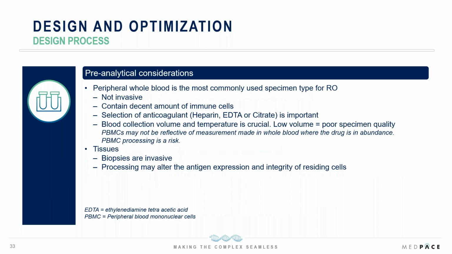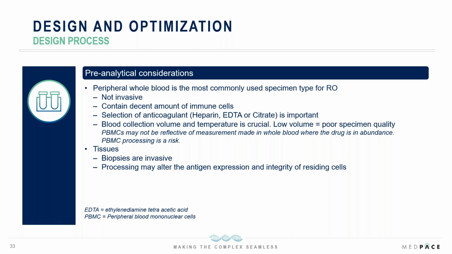So, pre-analytical considerations. I think that choosing the correct specimen matrix is really important. The best specimen matrix to use, to me, is peripheral whole blood, because it's the most commonly used specimen type for receptor occupancy.